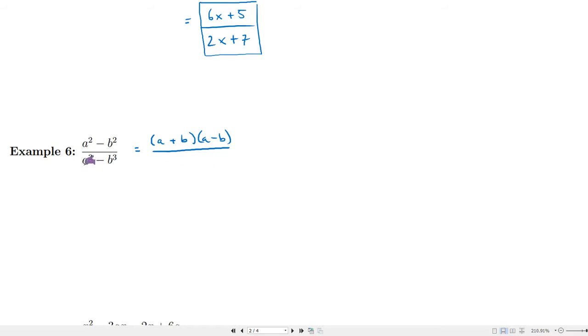So difference of cubes, the special product that it factors into would be a minus b times the trinomial a squared plus ab plus b squared. And now we see that we have this common factor of a minus b, which reduces, and we're left with a plus b over a squared plus ab plus b squared.